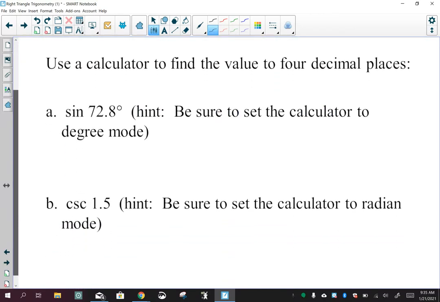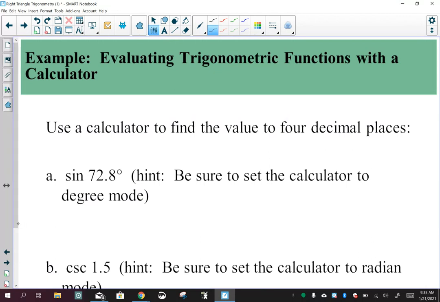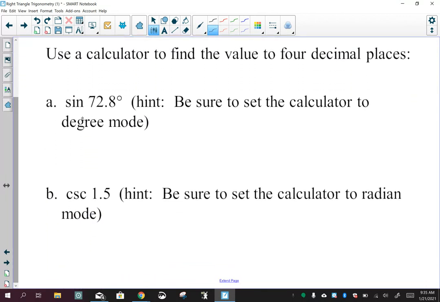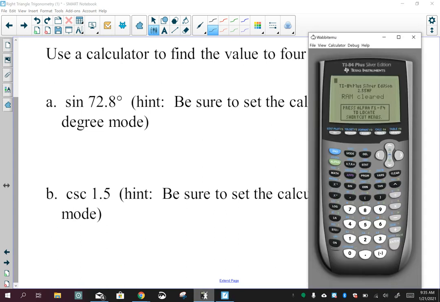On the first one, sine of 72.8, make sure you have your calculator set in degree mode. I go to mode, and notice that I'm in radian. I need to arrow over to degree.